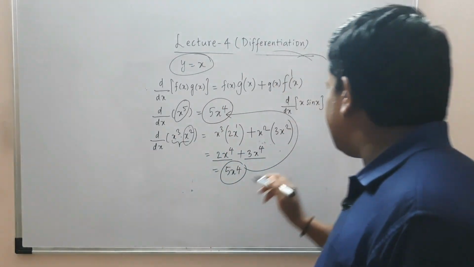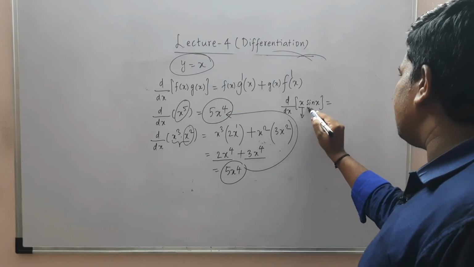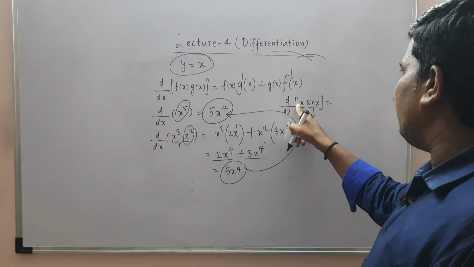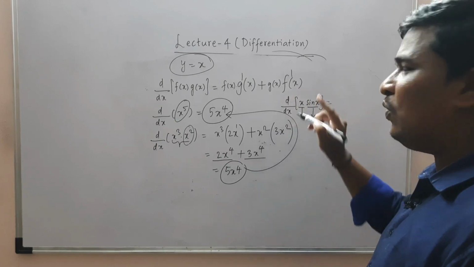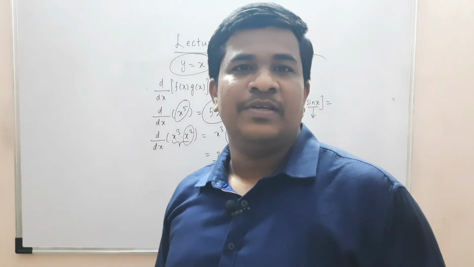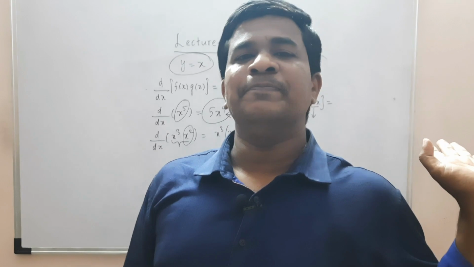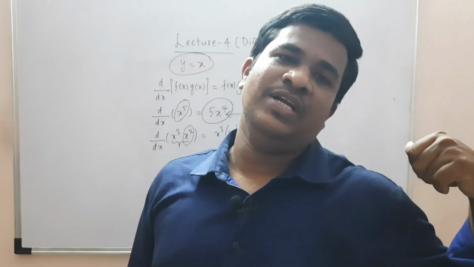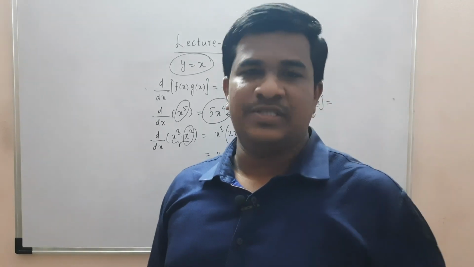So here x into sin x. This is one function, this is another function. You know the derivative of the first function, but you are yet to know the derivative of the second function, that is sin x. After knowing the derivative of sin x, you are able to write the derivative of the product of those two functions.